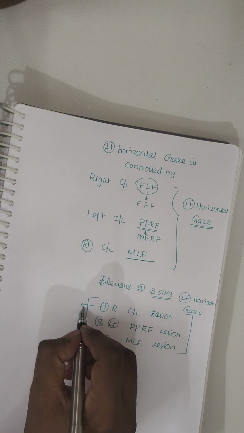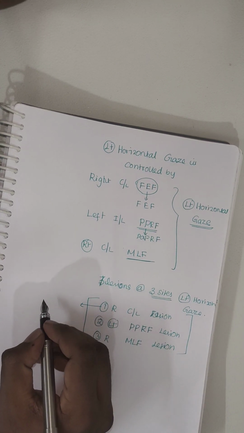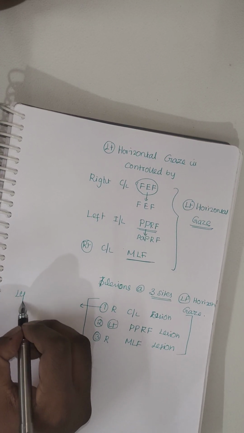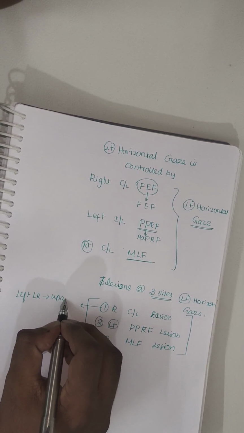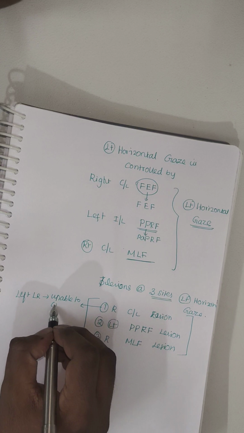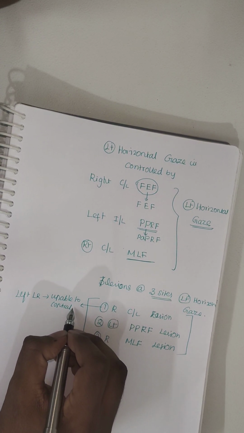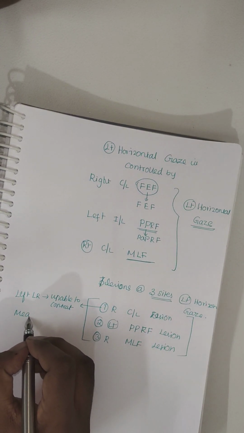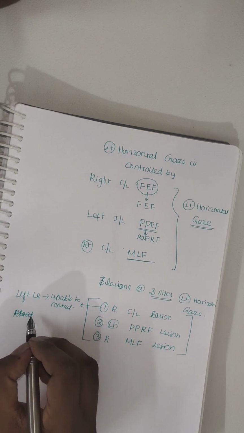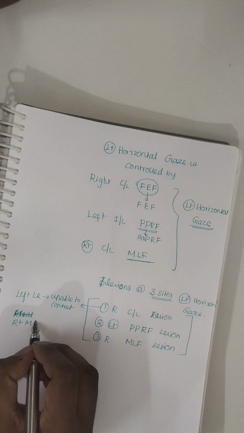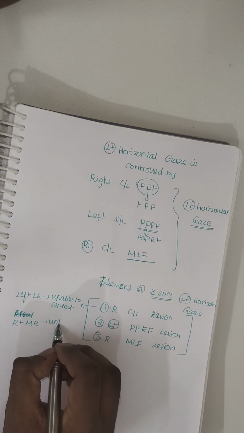First, let us see right contralateral FEF lesion. Left lateral rectus is unable to contract. Right medial rectus is unable to contract.